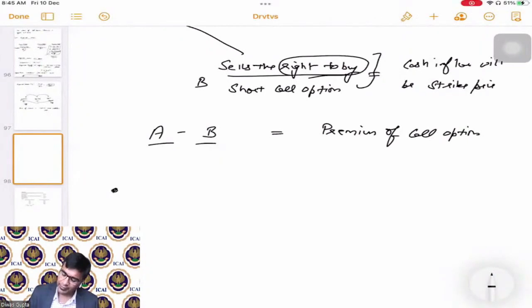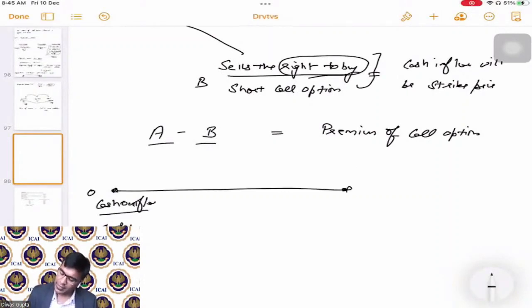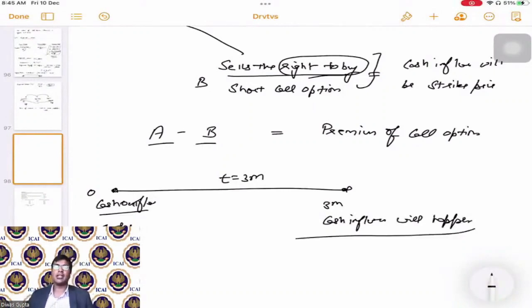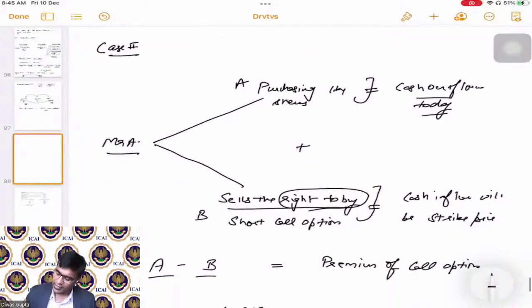Now tell me one thing. Cash outflow is happening today. This is day 0. Cash inflow will happen after 3 months. Let's say time is equal to 3 months here. So after 3 months, cash inflow will happen. Now, in such a case, if the cash inflow is happening after 3 months, can we equate cash outflow? Let's say this is A and this is B again. A minus B I have done, right? Okay, otherwise we will get confused here.